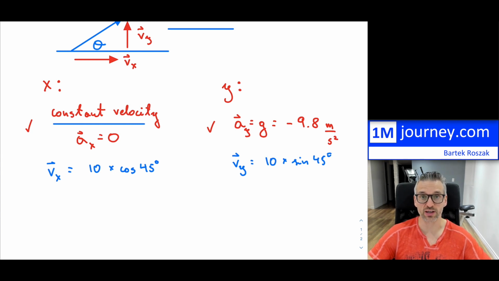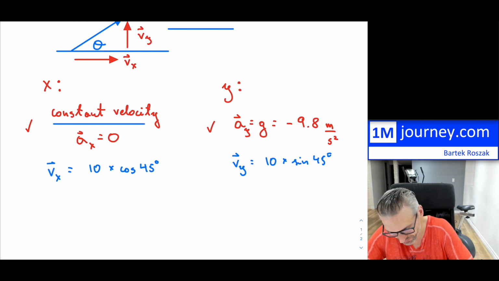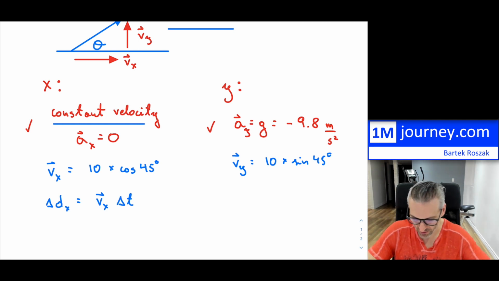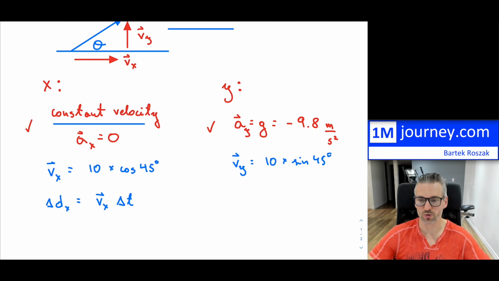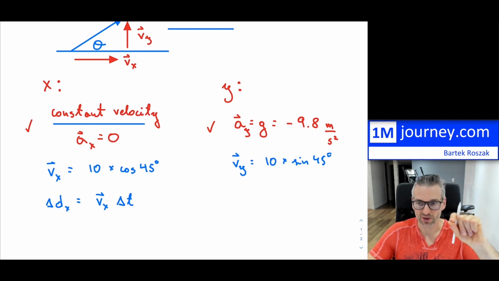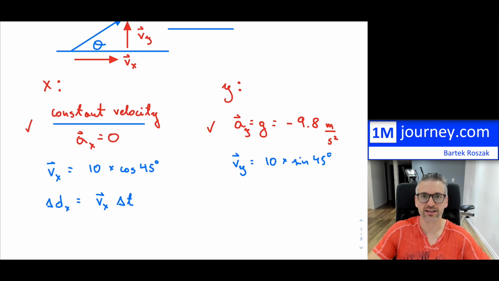The displacement in the x direction is simply the velocity in the x direction multiplied by the time, since there is no acceleration. And so long as we know how long it has drifted out there, we would know the actual distance it would have covered. So that's one thing.